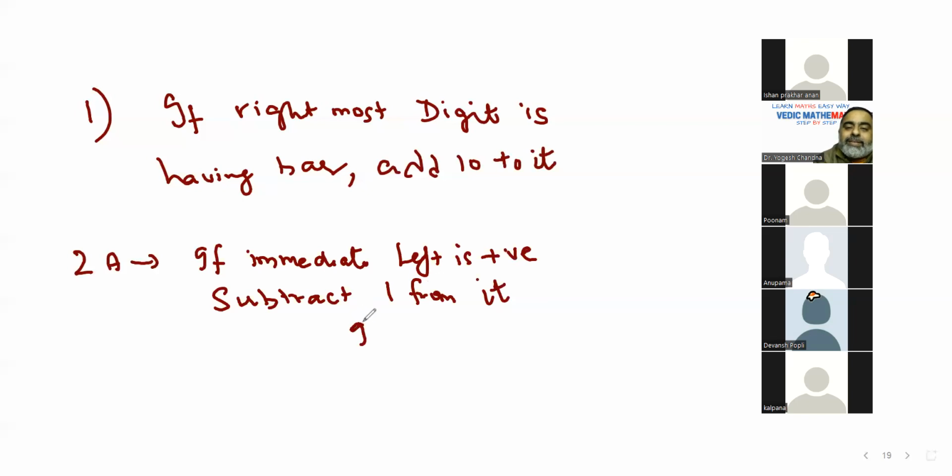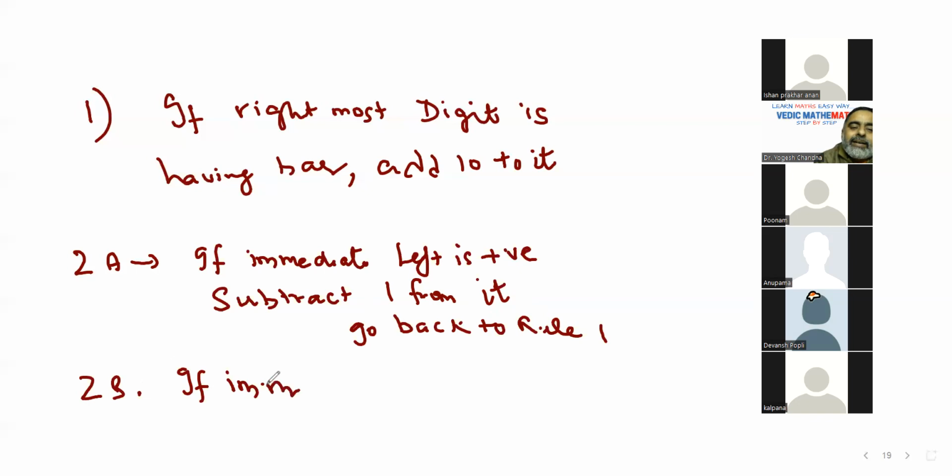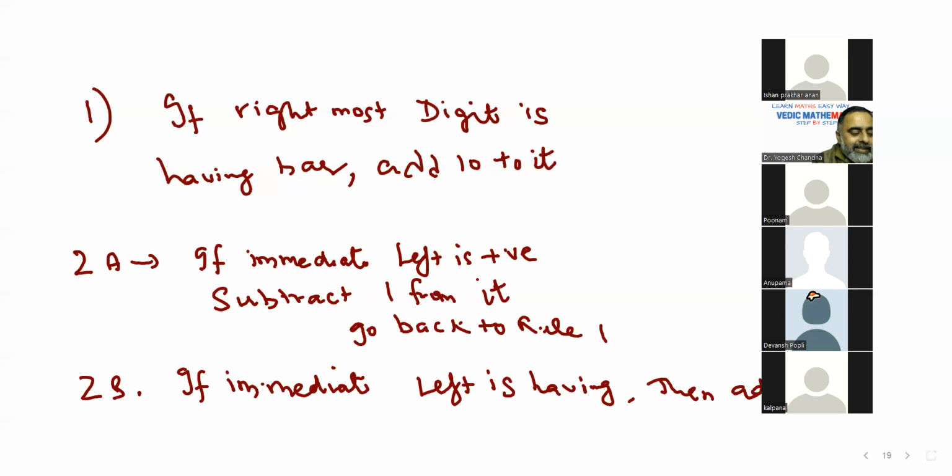Go back to rule 1. 2B: if the immediate left is negative, having a bar, then what to do? Add 9 to it and repeat. So here there is no third rule. Please write down once.